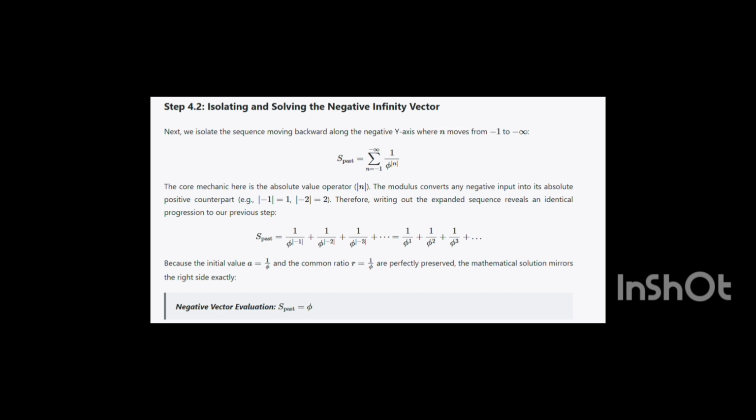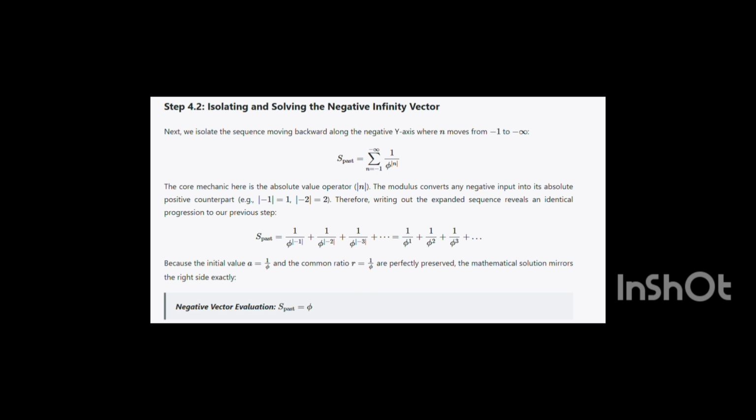But since in the positive infinity factor n is positive, we don't need to put any modulus. But since now we are dealing with the negative infinity factor, we have to write S past equals summation n from minus 1 to minus infinity of 1 by 5 to the power mod n.